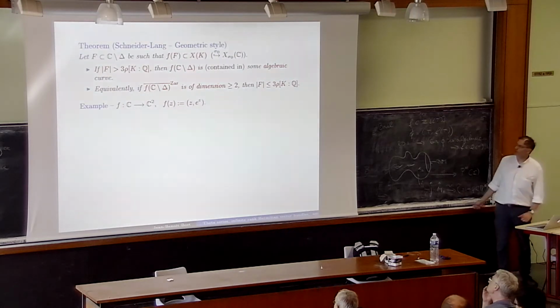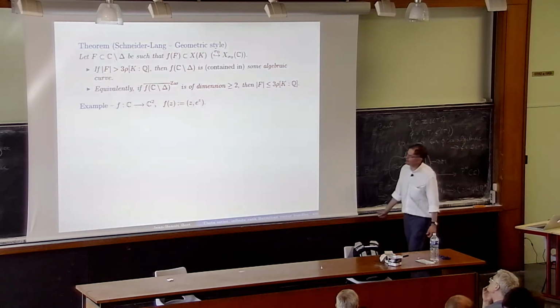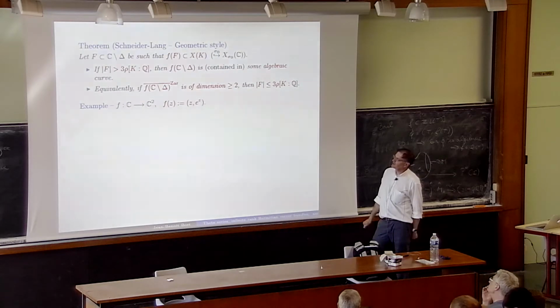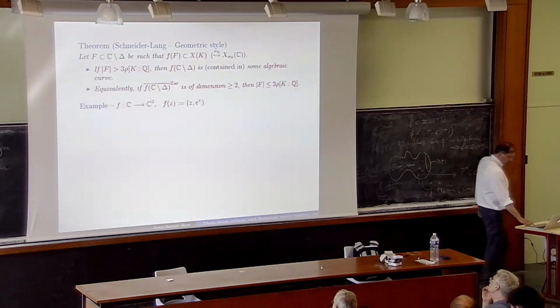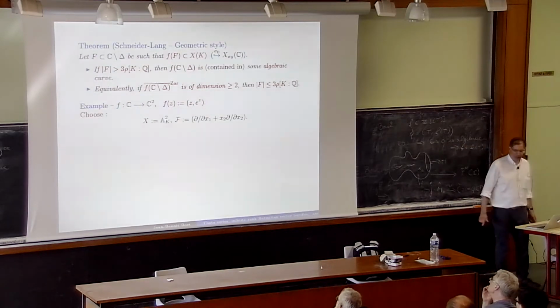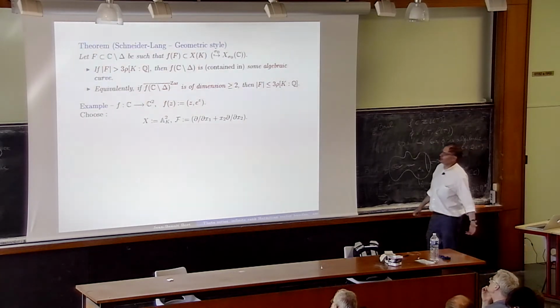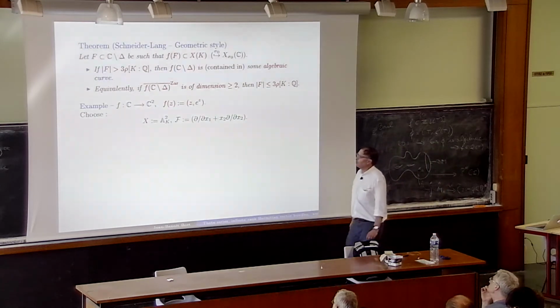So maybe the simplest example of this theorem, if you take the map that sends z to z and exponential z, and of course, it's an integral curve of a very obvious foliation on the plane.